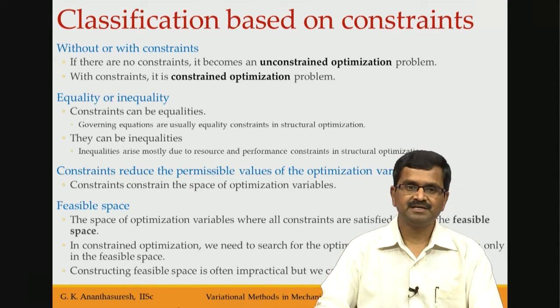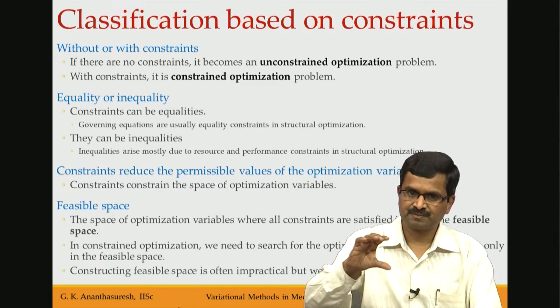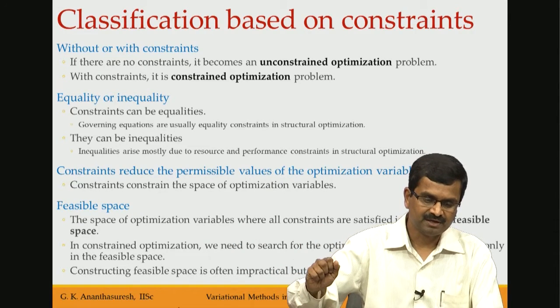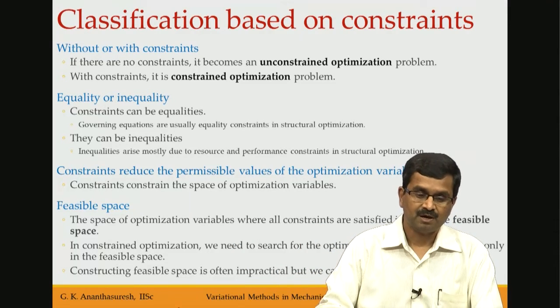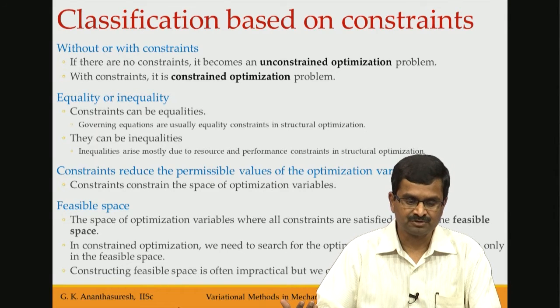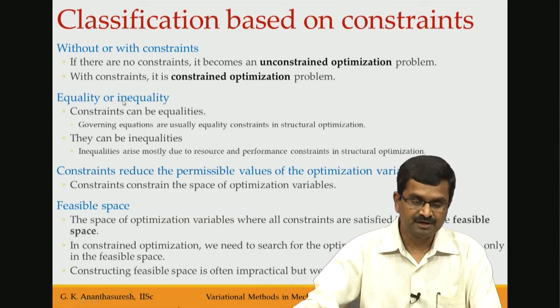When you have constraints, constraints can be equalities. Okay. There is an expression equal to something, usually we write it as 0, that will be an equality constraint problem. You can also have inequality constraints, less than or equal to 0, greater than or equal to 0 of an expression. Okay. So, constraints can be equality constraints or inequality constraints.